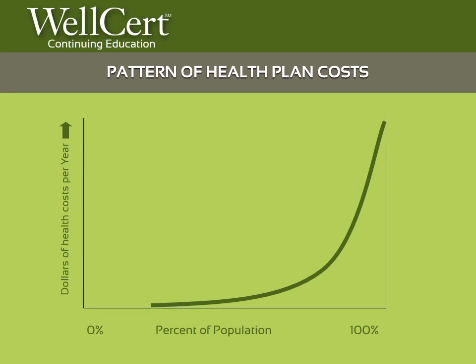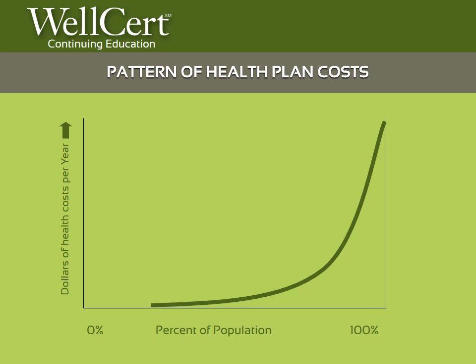Now, we want to step back for a moment and think about the pattern of health plan costs. Health plan costs are not normally distributed. They are highly skewed. So that means that maybe 30% of the population don't use any health care in a given year. Next year they may be users, but this year they're not.